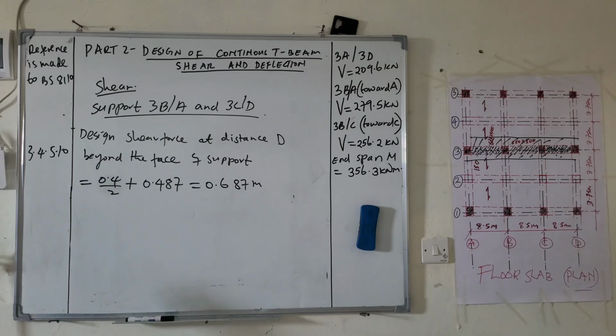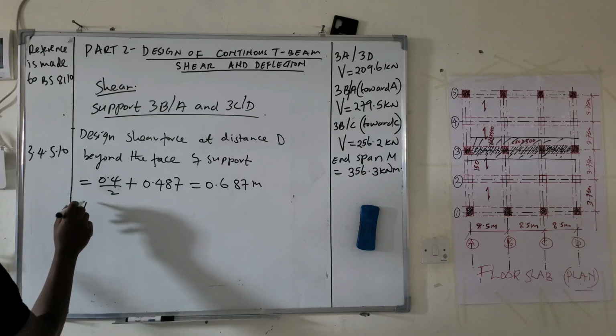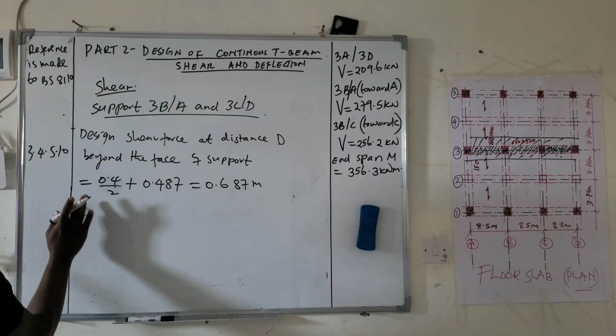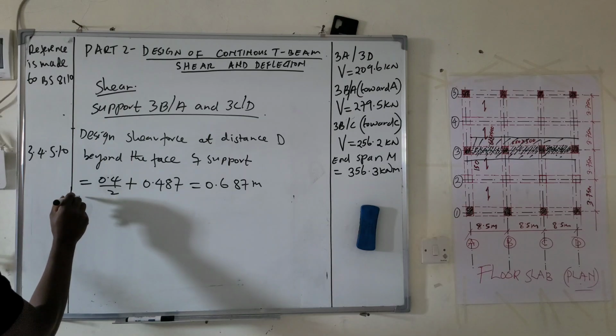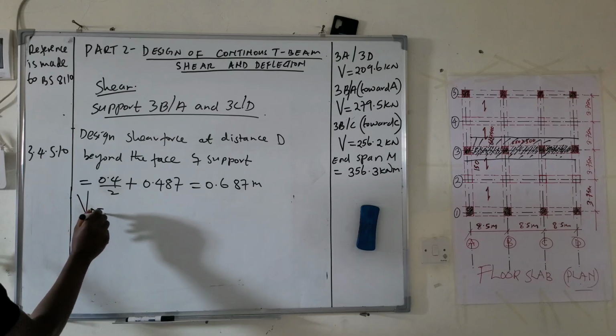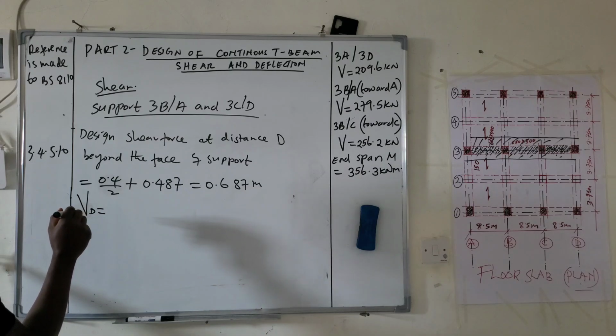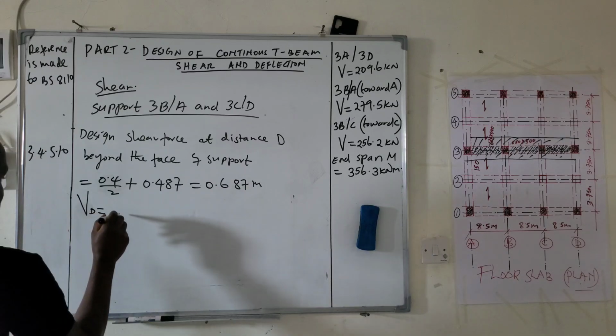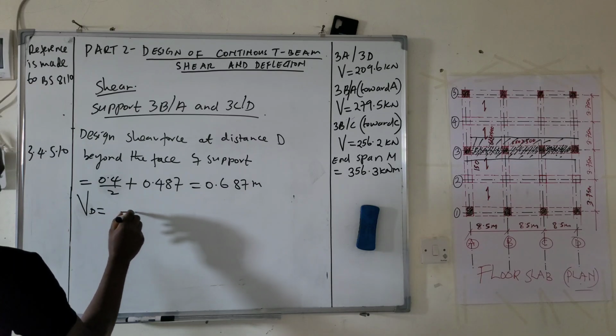So VD, which is the shear force at D, which is critical, is equal to, so again you can draw this beam.